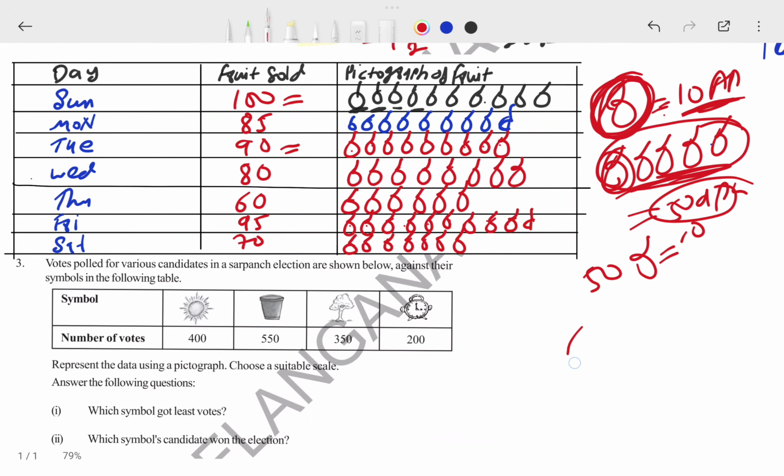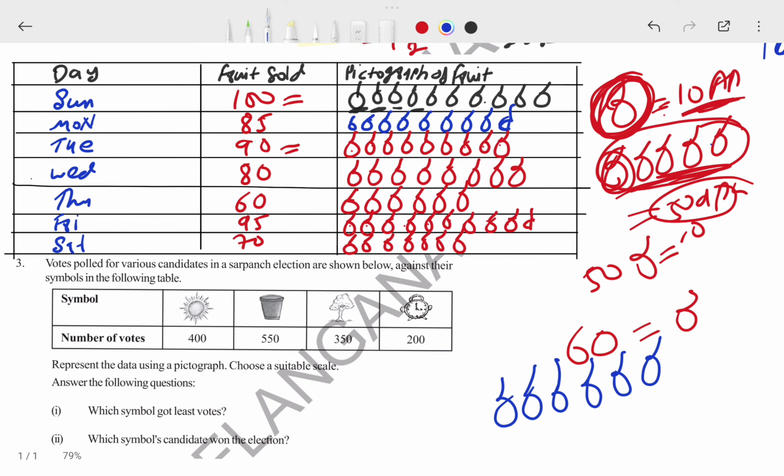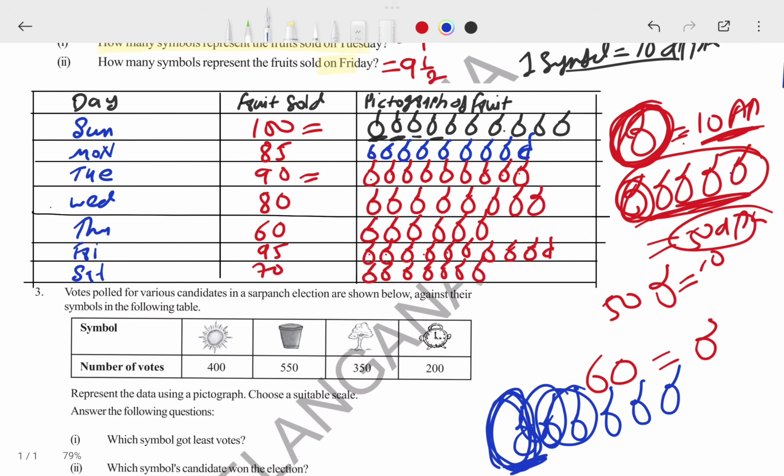Now suppose you want 60 apples. We just make symbols: 1, 2, 3, 4, 5, 6. Why? Because this one symbol is equal to 10 apples, another is 10, another is 10, so this is 60. That's why. Okay, is it clear?